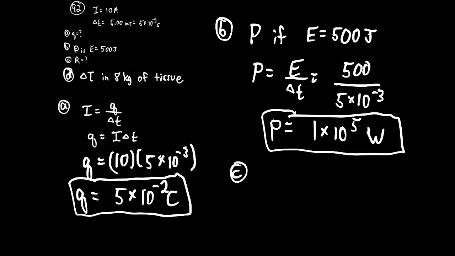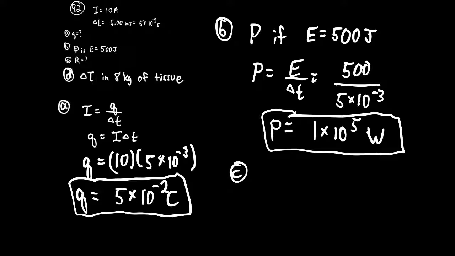Part C, resistance. How do I find resistance? Do I have the V? No, I don't have V. Part B was asking for voltage. What voltage was the 500 joules of energy dissipated at?